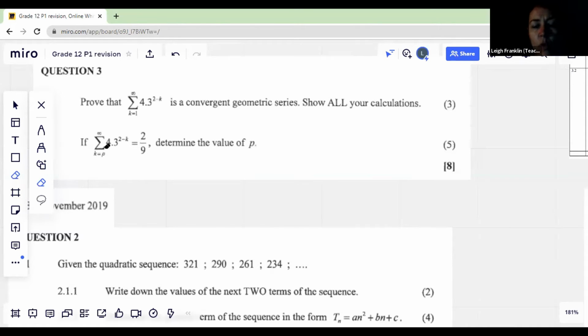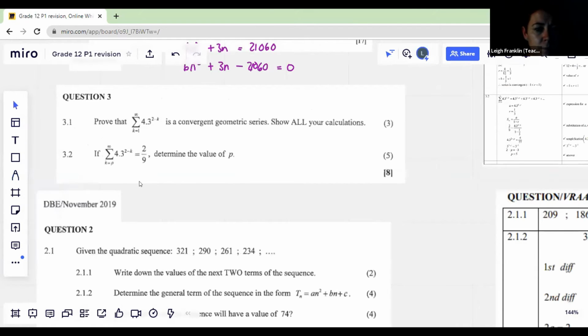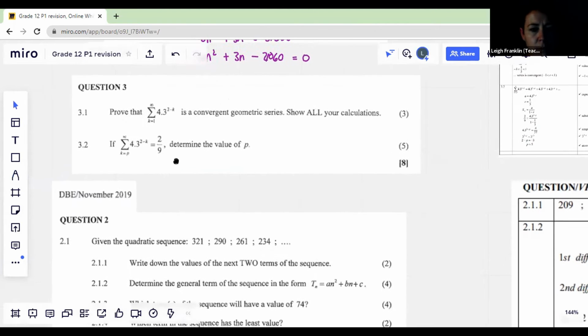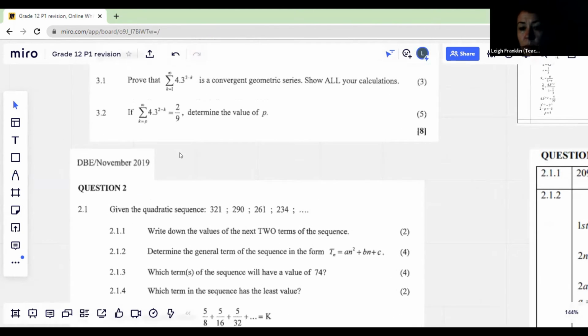So K equals P. So what they want you to do is sub P in first. Does that make sense, Matrix? It doesn't, okay?